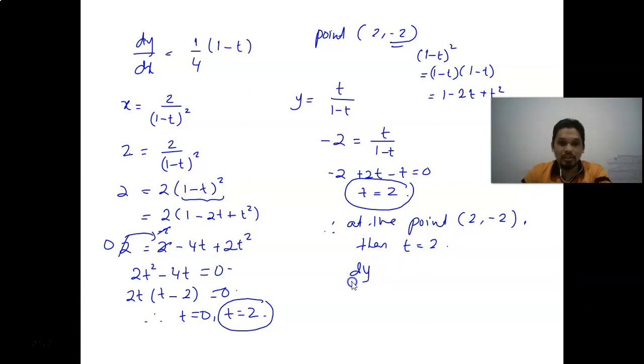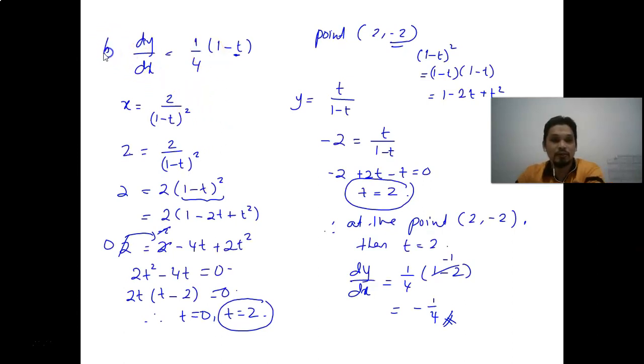So then dy/dx equals, we substitute t equals 2 here. So 1 over 4 times 1 minus 2, which is negative 1, so 1 over 4 times negative 1 equals negative 1 over 4.